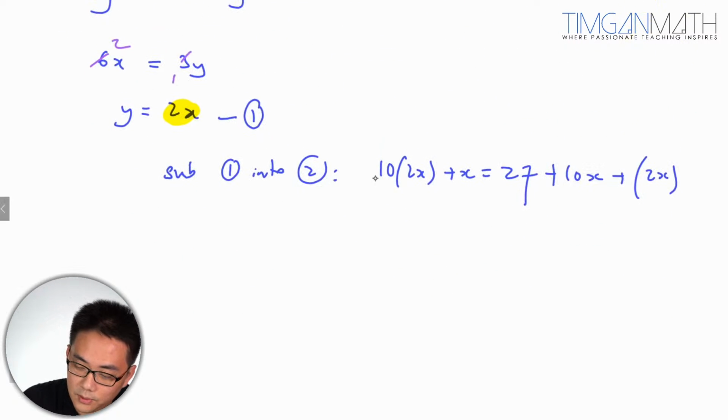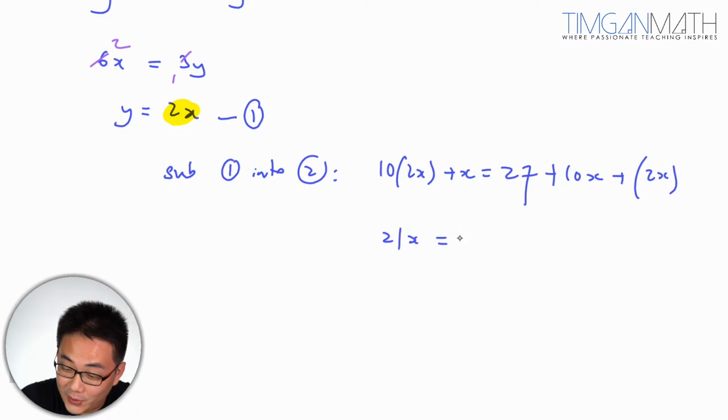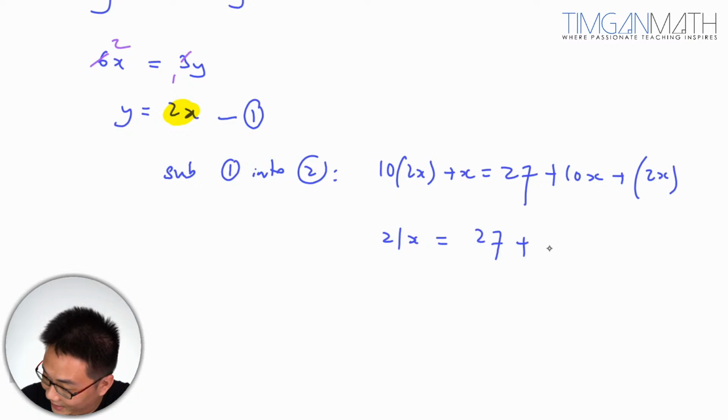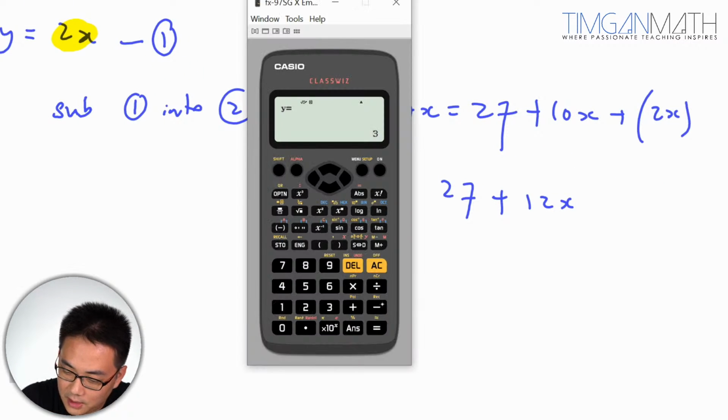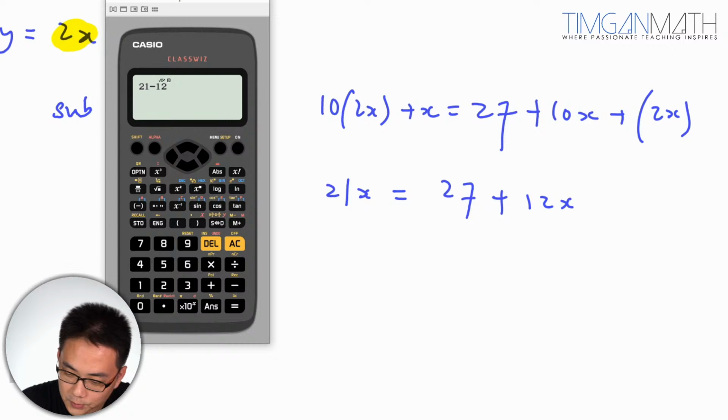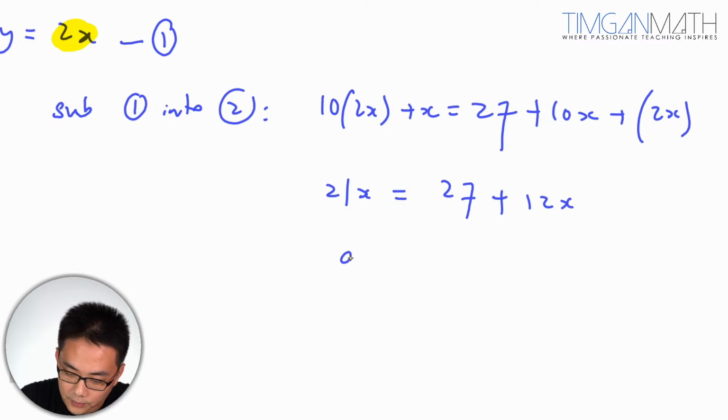So once this is done, it's 20 plus 1, so it's 21x equals 27 plus 12x. 21 minus 12. This is actually a higher order thinking question here. Just take a chill pill and take a step back and slowly do it, okay? You don't need to leave it for the last question in the exam, okay?